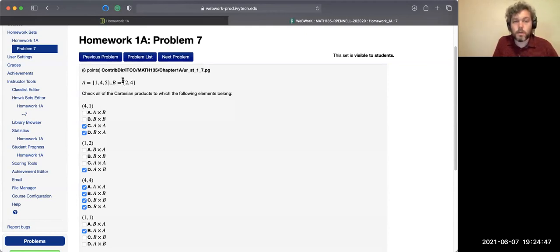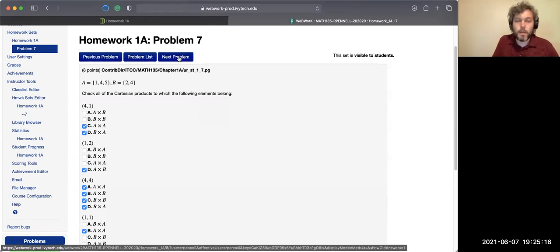And then B cross A would also work because you could have the 4 and then the 1. You'll have questions like this, or with the ordered pair (1, 2), how could you possibly get that? Well, if you had A cross B, you could get 1 and 2, of course. So that would be one way. Or (4, 4). Since there's a 4 in both of them, you could do A cross A to get 4 and then 4, and then B cross B also. So that's the type of questions you'll be asked for that problem.